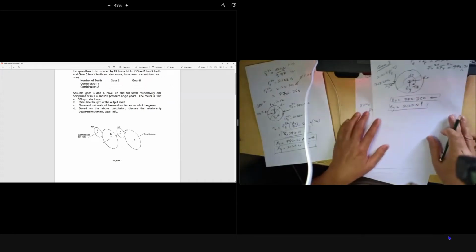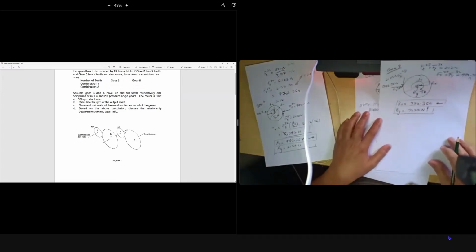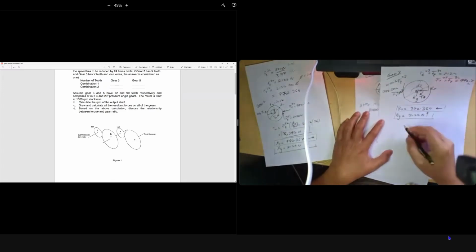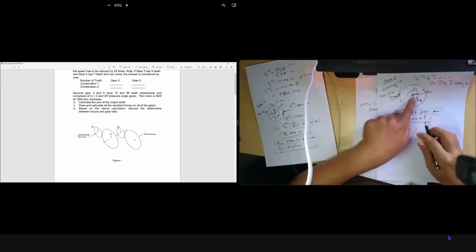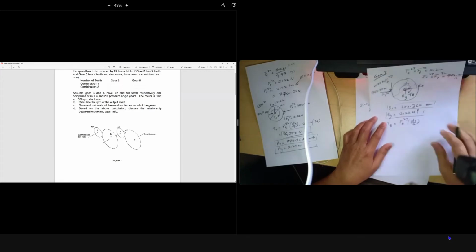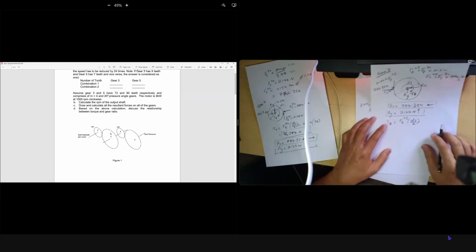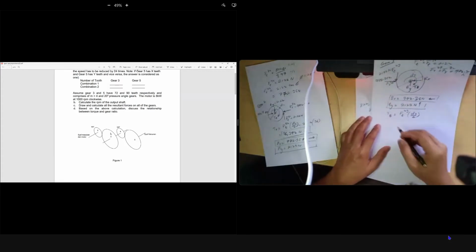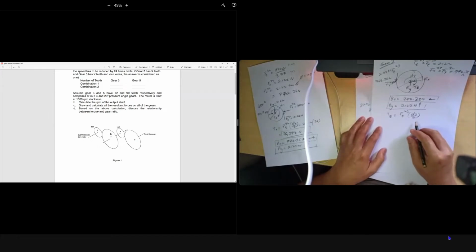Class, what's your value of torque B? Torque B is F tangent times the diameter. Your F tangent 2 to 3 times the diameter of your gear 3 divided by 2 times the radius. So what's your diameter 3? The module just now is 4.